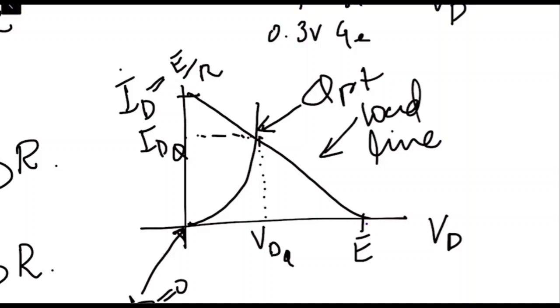In the equivalent model, the diode behaves as a DC source equal to 0.7 volts. The diode is not going to turn on unless the voltage across the diode is 0.7 volt.